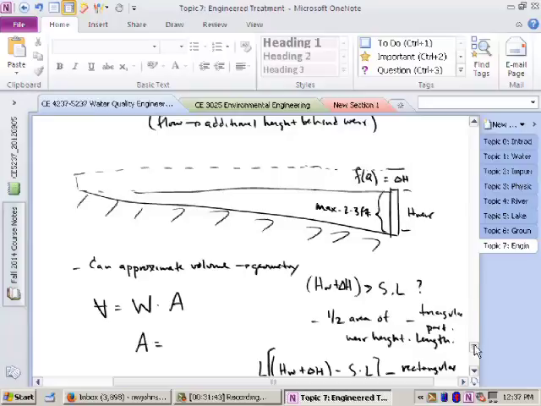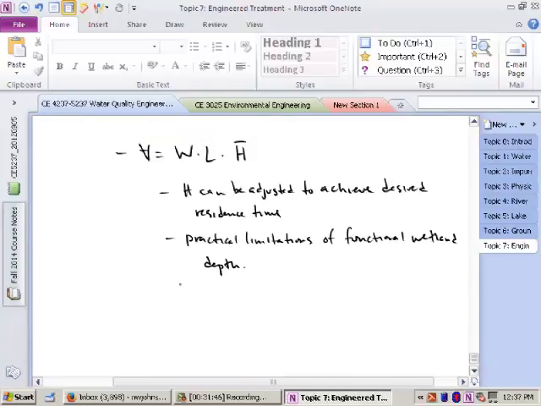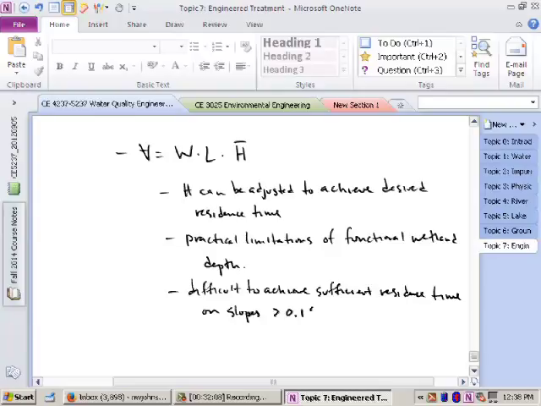So the bottom line is it doesn't work well on sloped surfaces. I think the book said 0.5%, but even 0.1% would be a fairly significant slope for a wetland. No natural wetland would ever exist on a slope that was 0.1% unless it was really, really clay, I suppose.